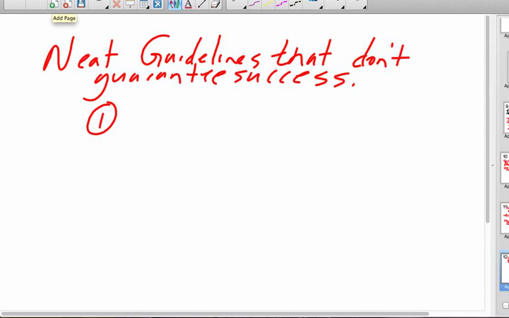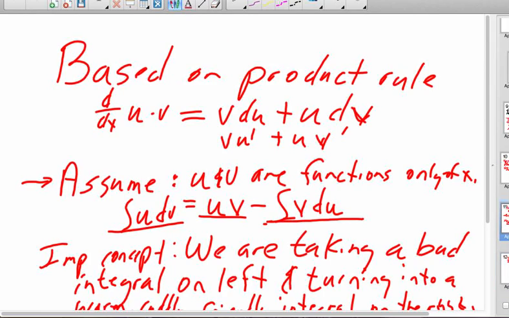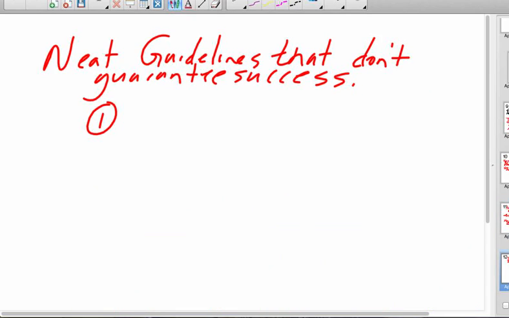So if we come back and take a look at it, we've got a u and a dv, and we want to turn this into something over here. So all our work is in picking our u and dv so that we end up with a really nice one on the other side. Here are some guidelines for picking u and dv.